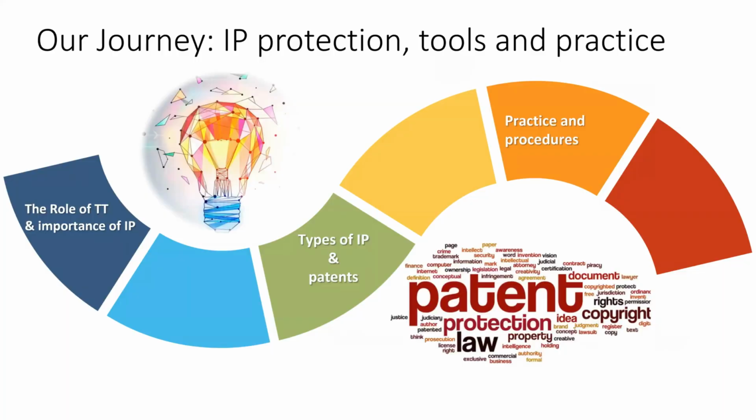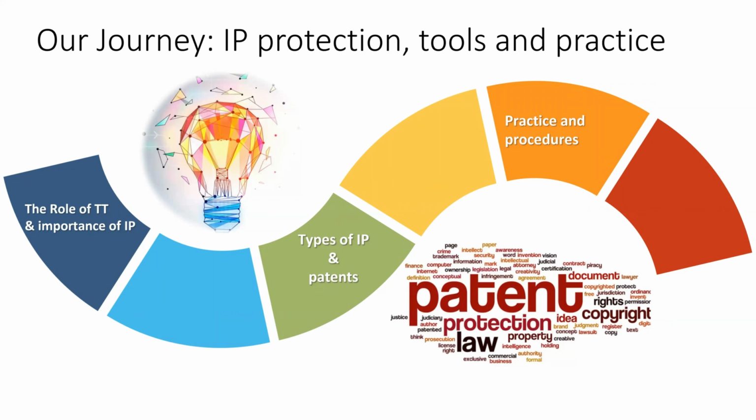Today, we are going to talk about IP protection, tools and practice. We will go through three main sections of our discussion: a brief introduction on the role of technology transfer and the importance of protecting and valorizing the intellectual property within it.